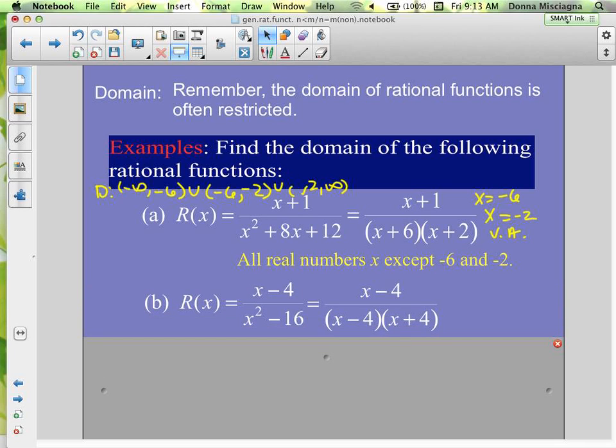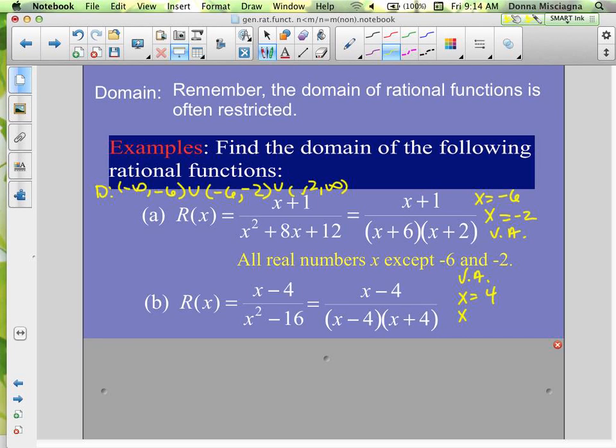Let's do another one. All right, so what are the vertical asymptotes for this graph? You knew it without him helping you. X equals 4, x equals negative 4. How about the domain?